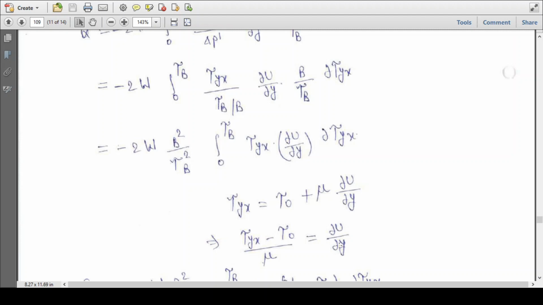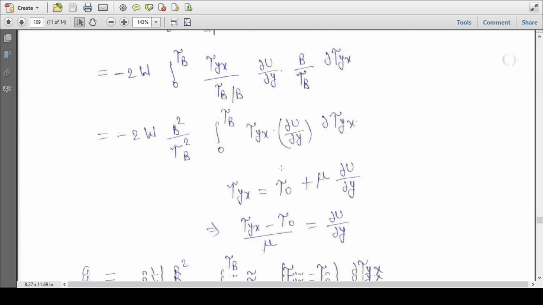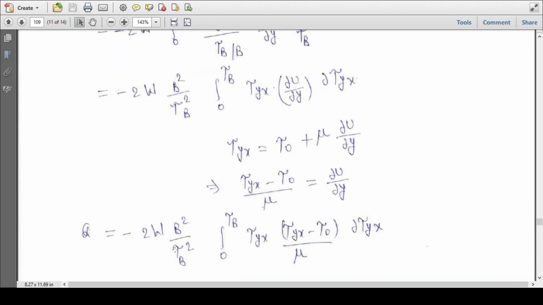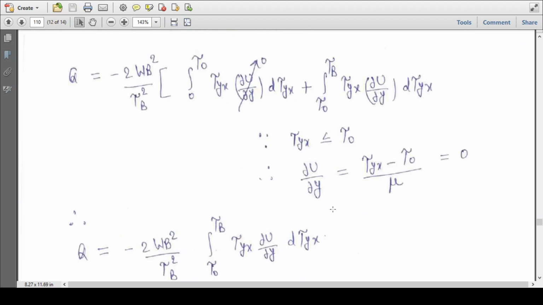This del u upon del y expression can be substituted at this particular place, so you will get Q equal to minus 2W b square upon tau b square, integral 0 to tau b, tau yx minus tau naught upon mu del tau yx.